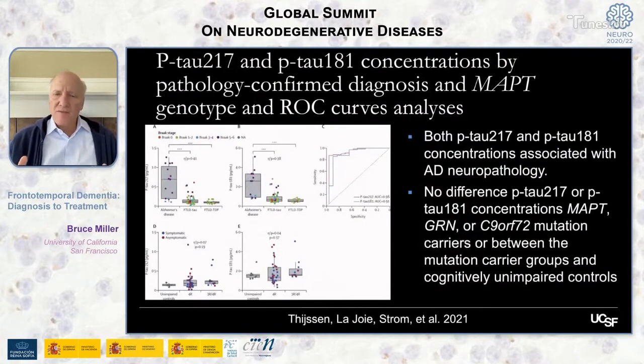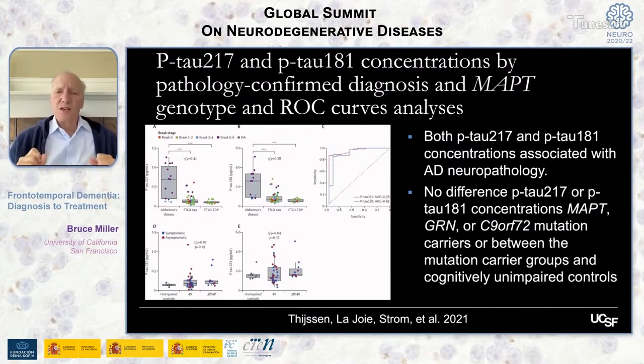We don't yet have a good, powerful biomarker for the tauopathies or the TDP-opathies. This just points out that phospho-tau, whatever subtype you use, is a very, very effective marker of Alzheimer's disease pathology. These Alzheimer pathologies show no changes in tau, progranulin, or C9 mutations.